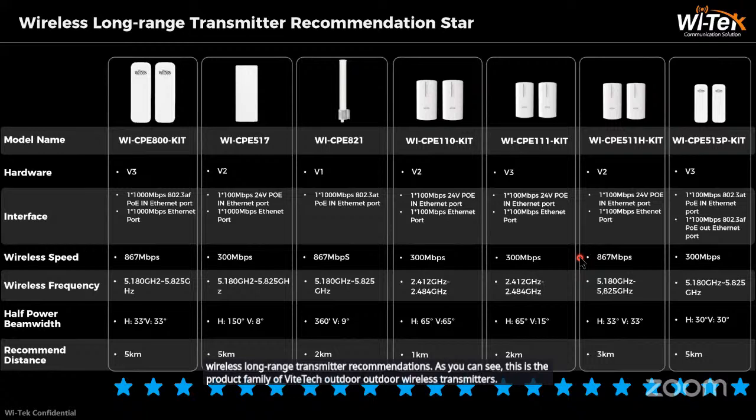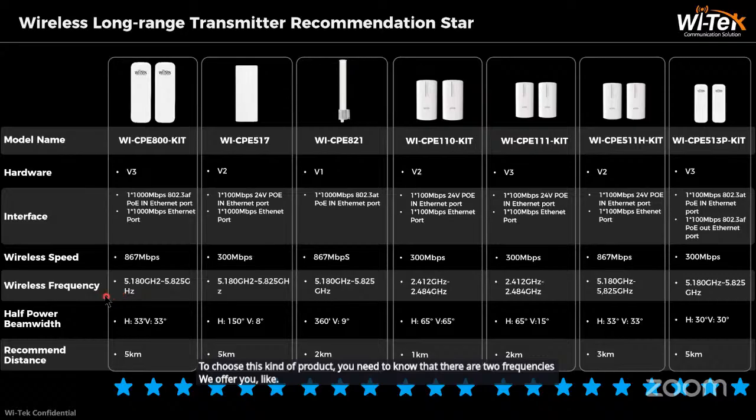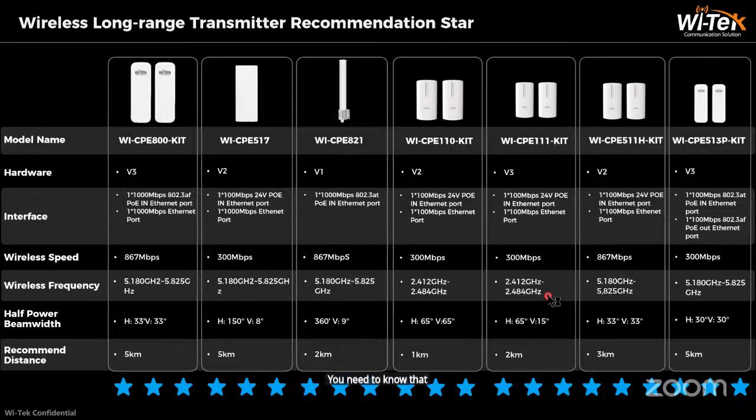To choose this kind of product, you need to know that there are two frequencies we offer: 5G frequency, and also some models with 2.4 gigahertz frequency. You need to know that 5G frequency can only pair up with 5G models, not with 2.4.